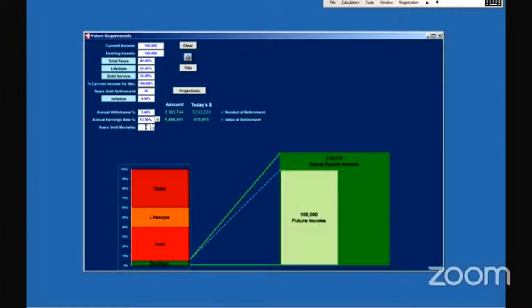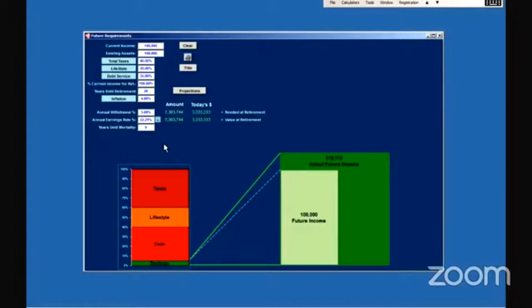So at the end of the day, what would be the rate of return that you would have to obtain on your investments in order to hit the $7.3 million that is required in order to maintain your standard of living? And the answer is 22.21% return.